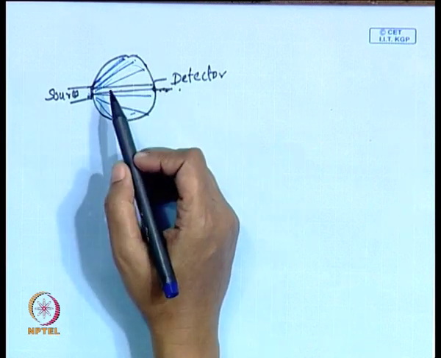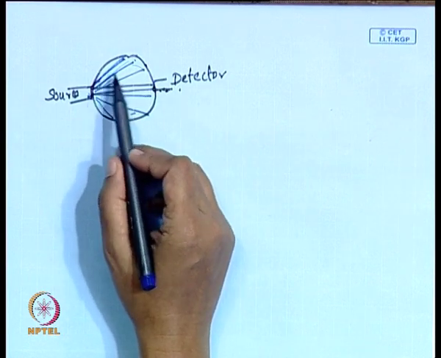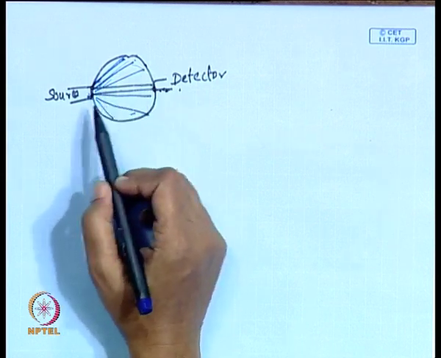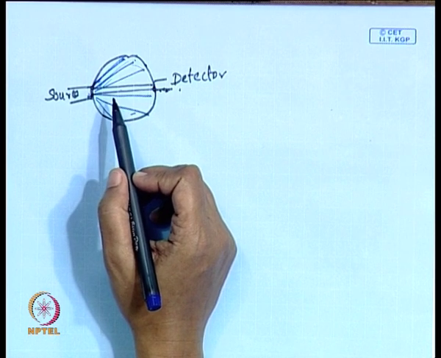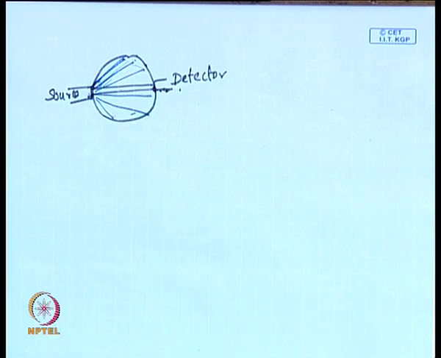If we have to ensure that more or less equal paths are being traversed, then we have to ensure that the rays are parallel to each other. In order to ensure that, collimators are used, and therefore, when you are working with radiation, people say a collimated beam.